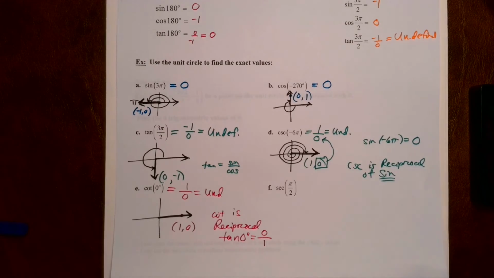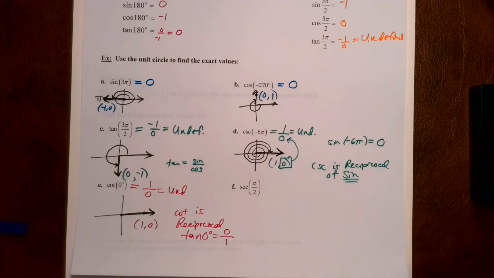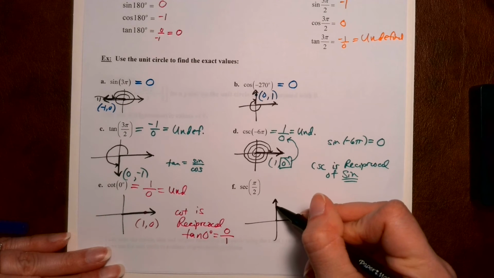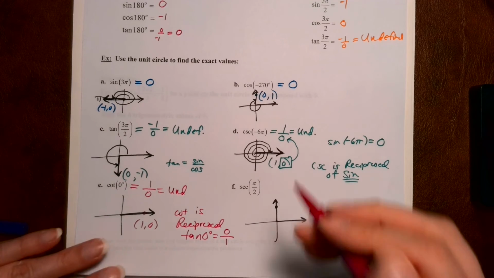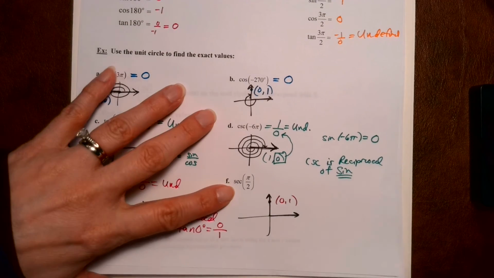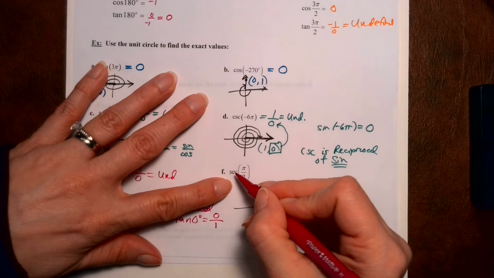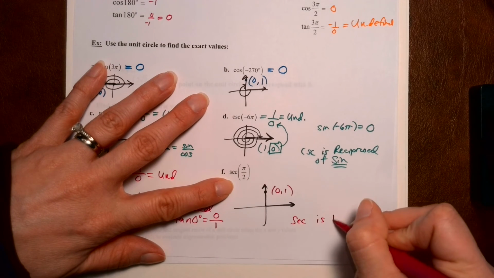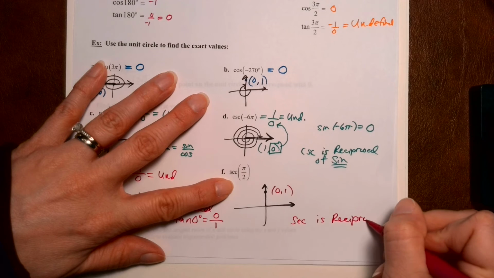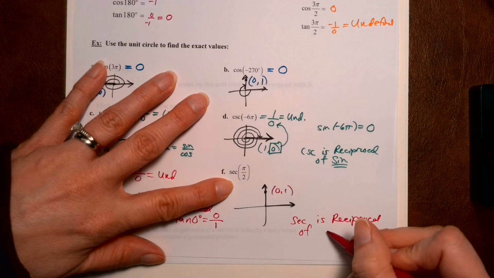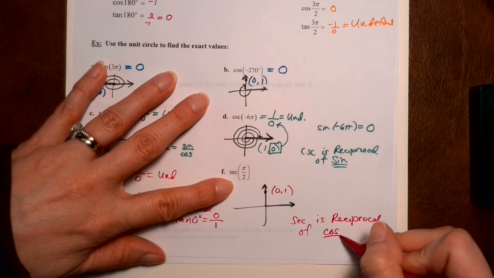Okay, last one. We've got pi over 2. Pi over 2 is due north, and that point right there is 0, 1. How do we do secant? Who does secant go with? Secant is the reciprocal of cosine.